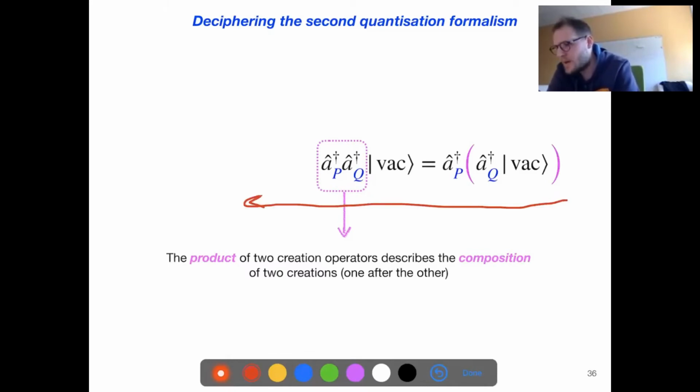So basically I have the vacuum here. I created my first electron and put it in spin orbital q, and then with the second operator, on that basis, I'm creating another electron. We never write things any other way, we just put the operators one after the other. But again, you should always read this from right to left. This is just a product of operators, but it means that it is a composition.